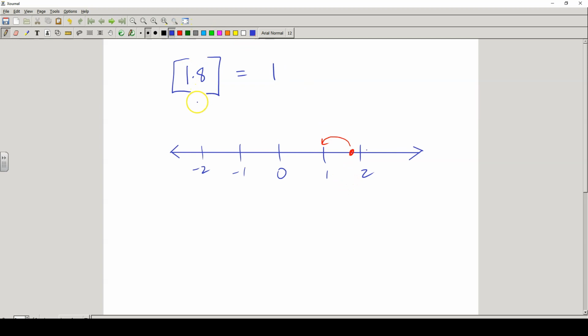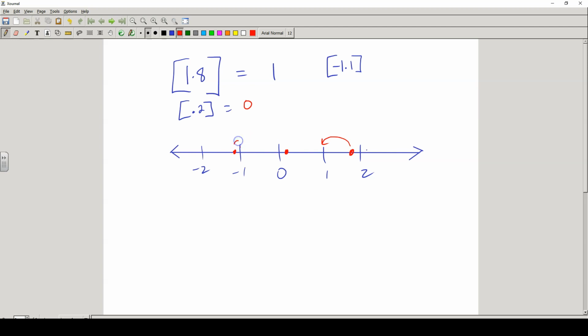So if I have 0.2, 0.2 would be right here. The greatest integer that is less than 0.2 is going to be 0, so that would just give us 0. And then when we go negative, so let's say -1.1, right here, we do not truncate that, which is a function, but it is not the greatest integer function.